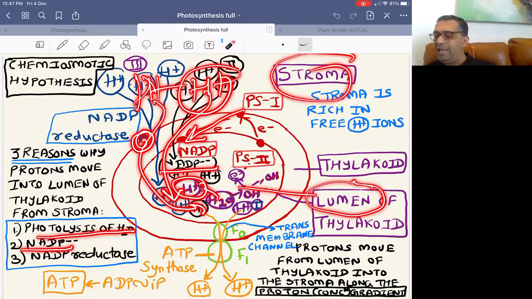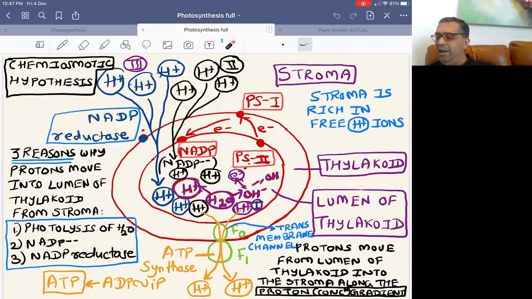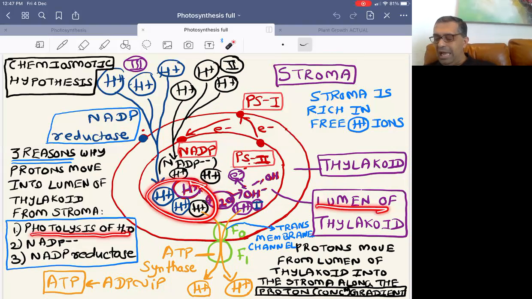So NADP minus minus can combine with protons to form NADPH2. So from three reasons protons come into the lumen: photolysis of water, NADP minus minus and NADP reductase.